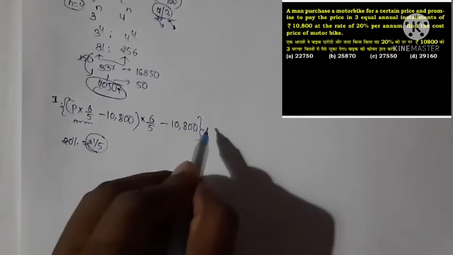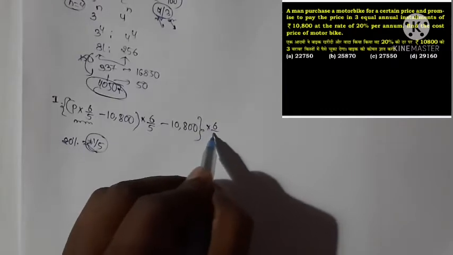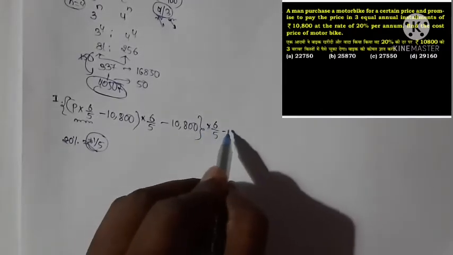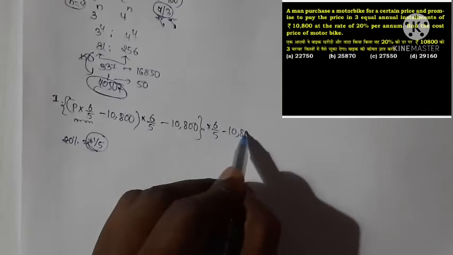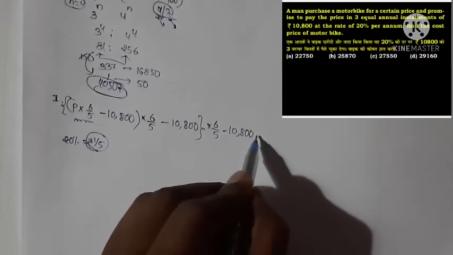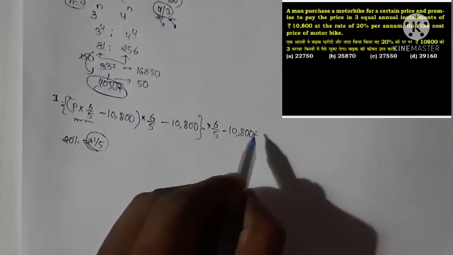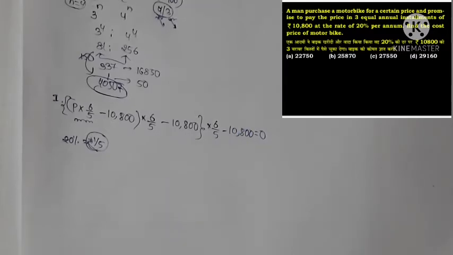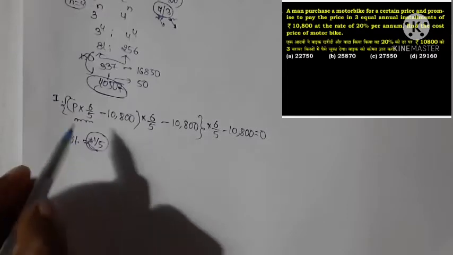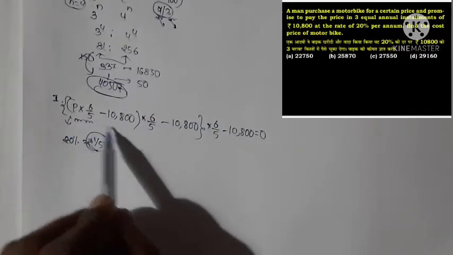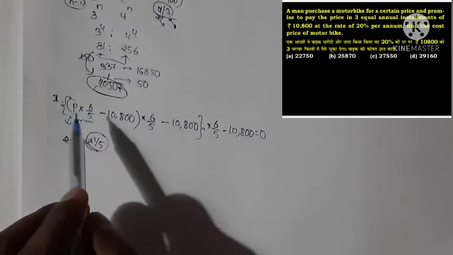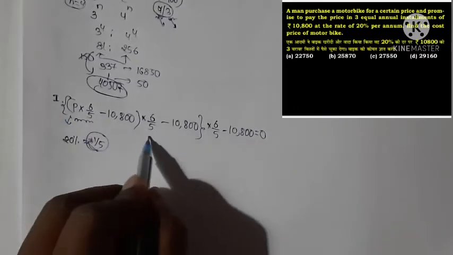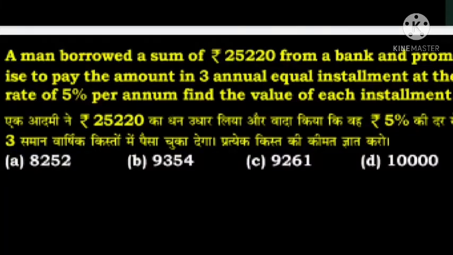In the third year, once again the rate of interest is 20% and pay 10,800, which is equal to 0. That means the installments are complete. Then find the value of P. So calculate this equation, so we will get the value of P.